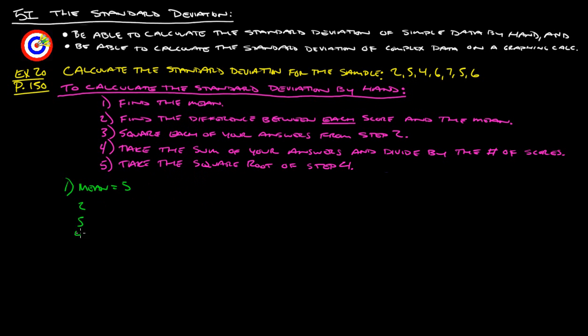Let's write 2, 5, 4, 6, 7, 5, and 6. And then here, we'll write the mean down here: 5, 5, 5, 5 for each one of those. And then find the difference between each score and the mean. So let's just subtract these.